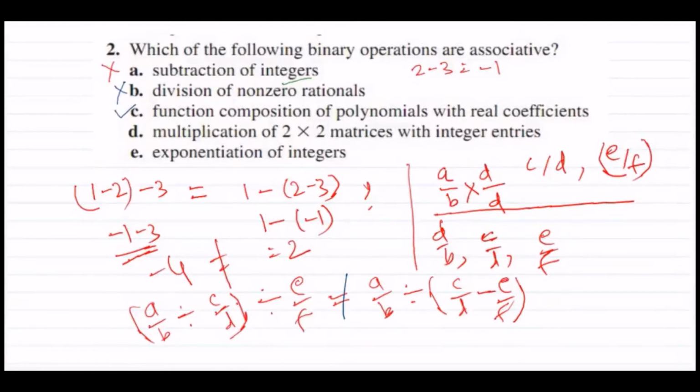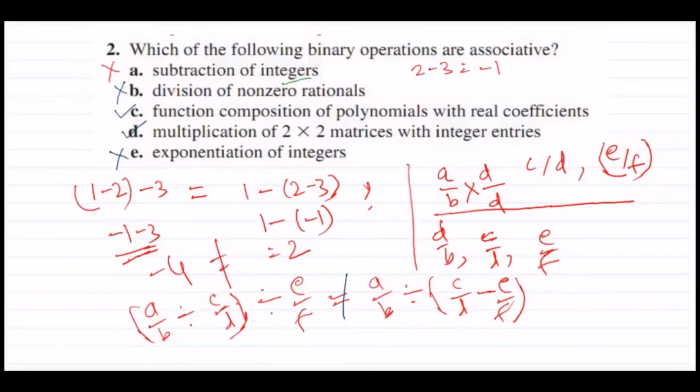And of course it is well known that matrix multiplication is always associative. So this is also correct. And exponentiation of integers, this is not correct. Just as we took one example in the last question, similarly we can take another example and show that it does not hold in general.